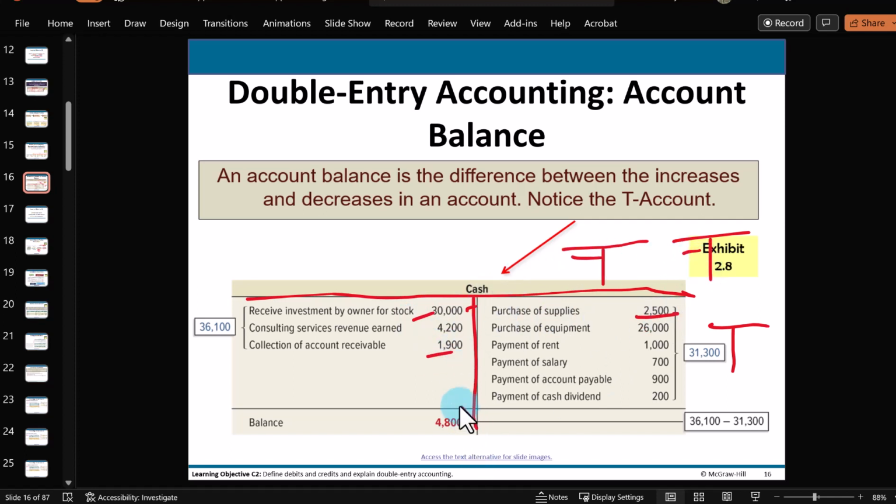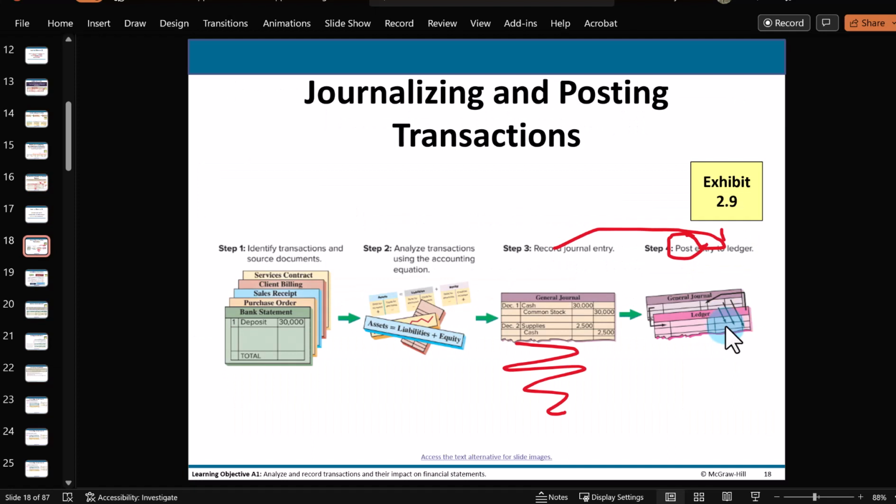Eventually, you're going to get a balance. So each one of these T's is one ledger account, and you group them all together, and that's called a general ledger, just like a book of all these different pages. One page is one ledger account.